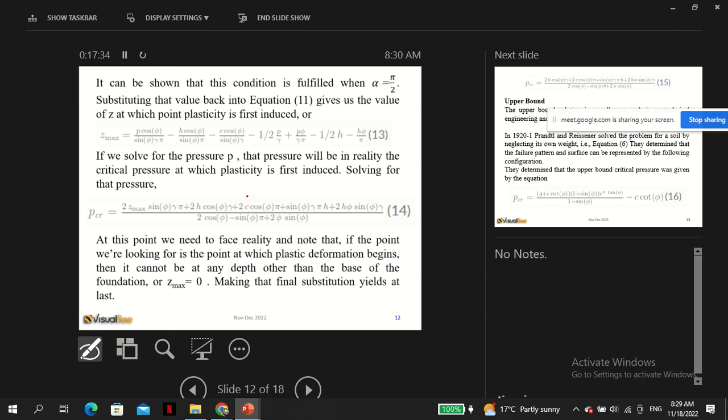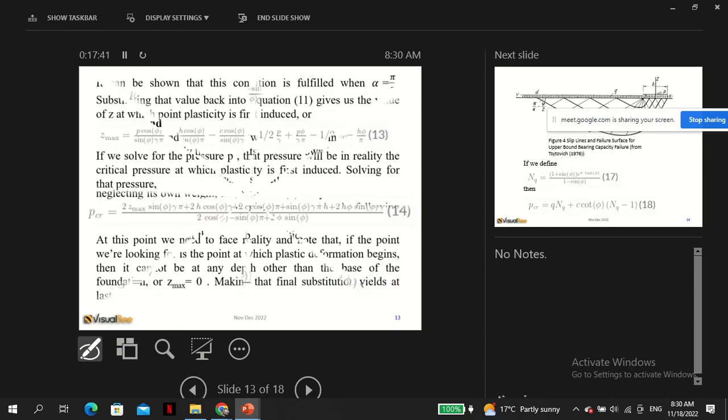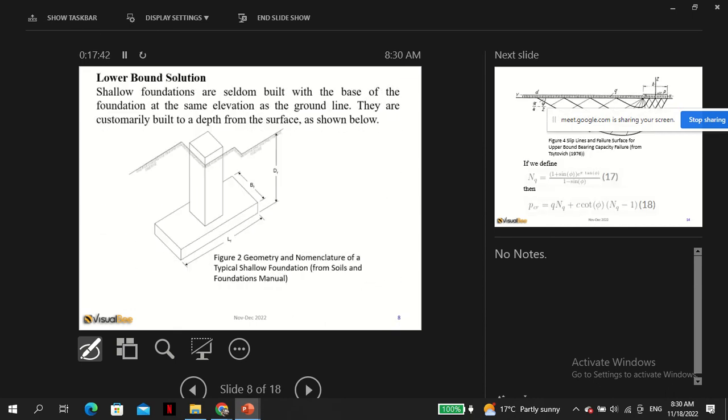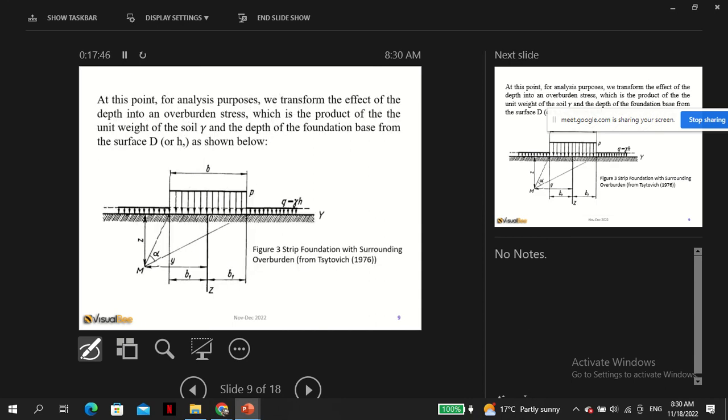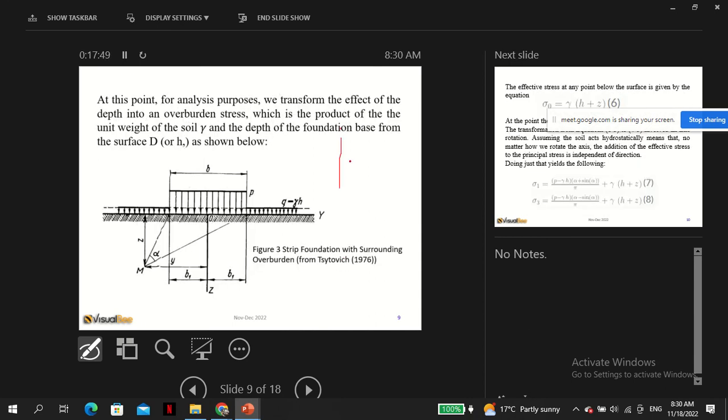But logic and common sense we don't ignore, because in fact, if this is your foundation, and this is the burden, plastic deformation is not here.